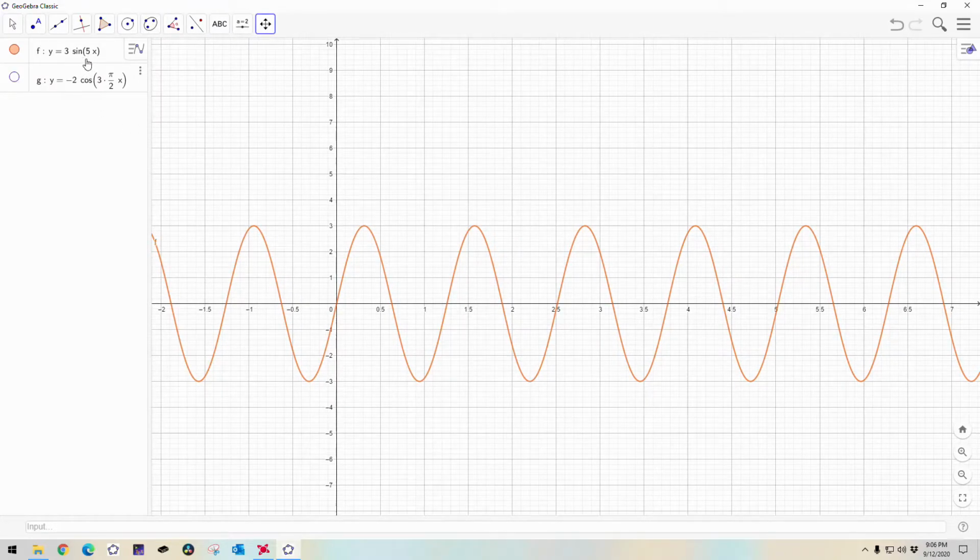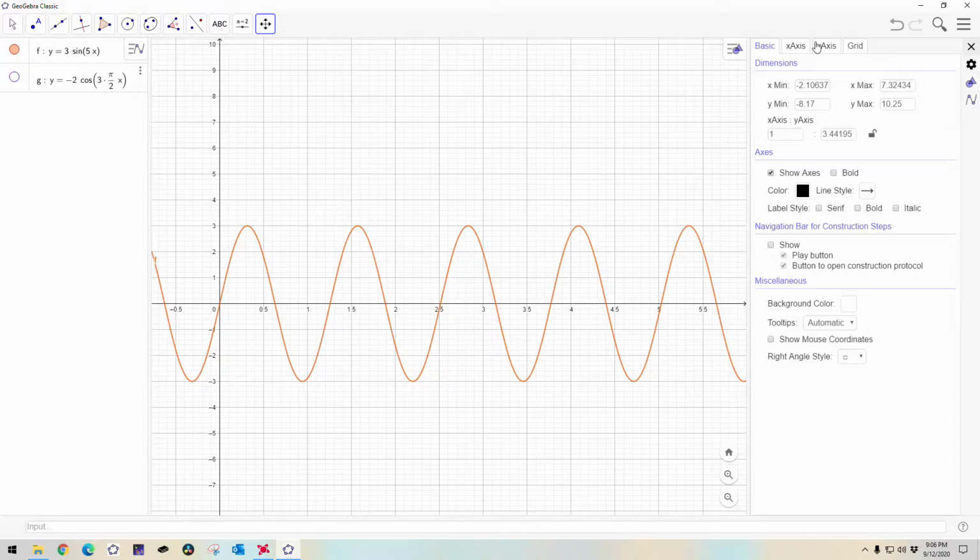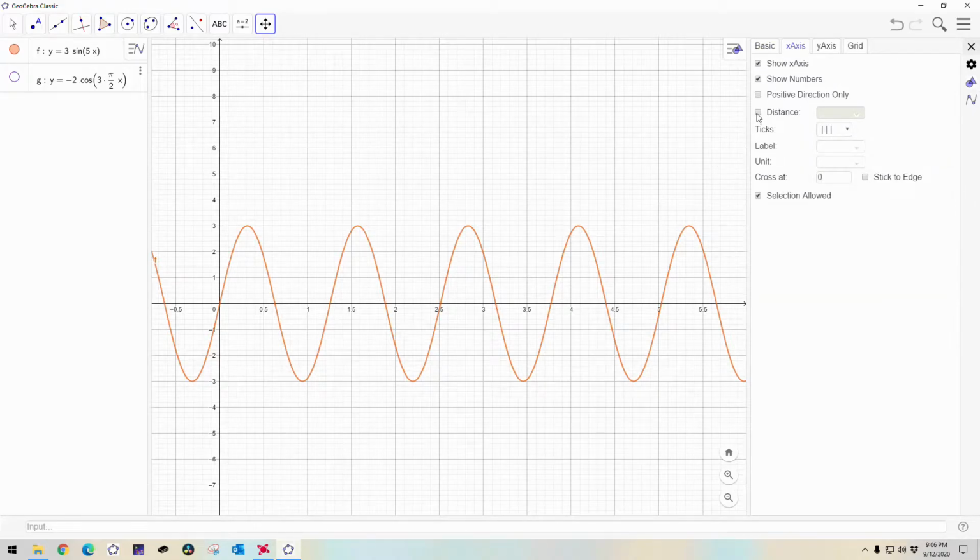Okay, and then as we said before, the period on something with a frequency number of 5 is going to be 2 pi divided by 5. And then the quarter period of that ended up being pi over 10. So therefore, that's what I'm going to do. I'm going to come into this graph here, and I'm going to change the graphics so that my x-axis is being measured on a distance of pi over 10.